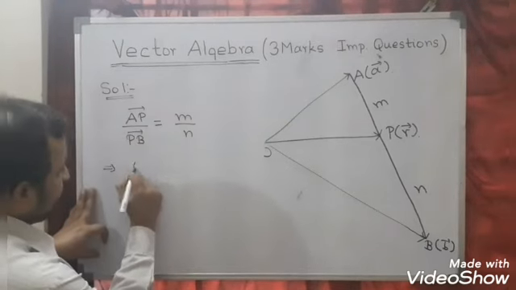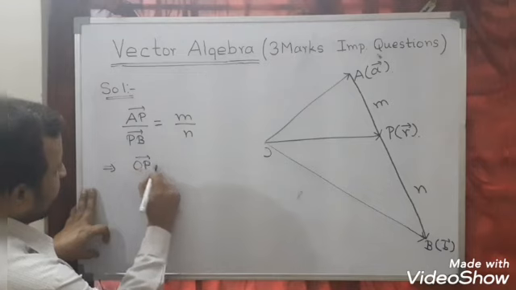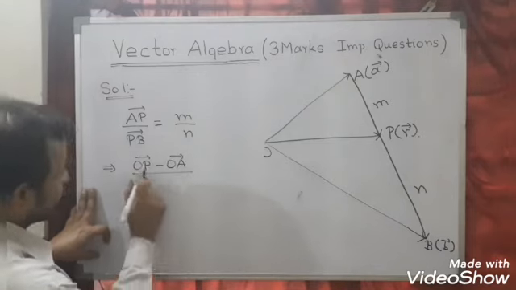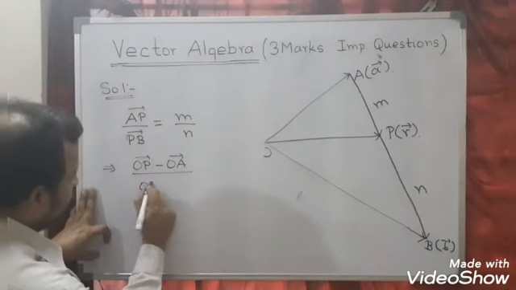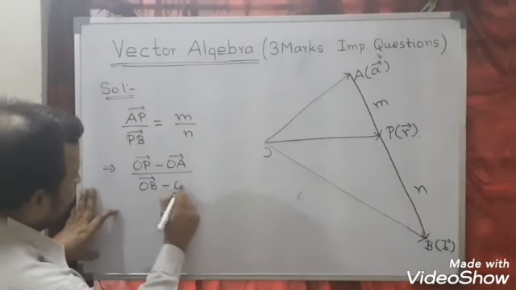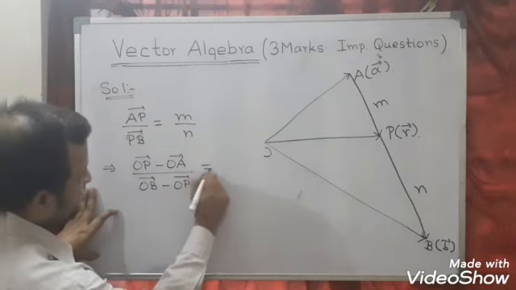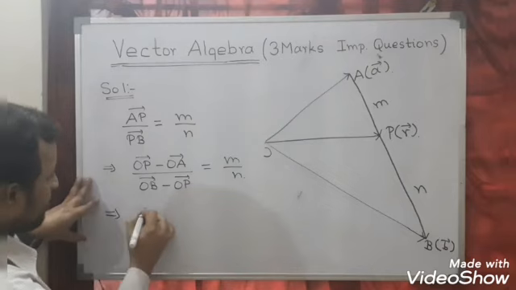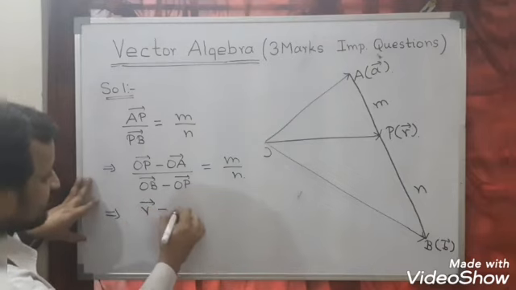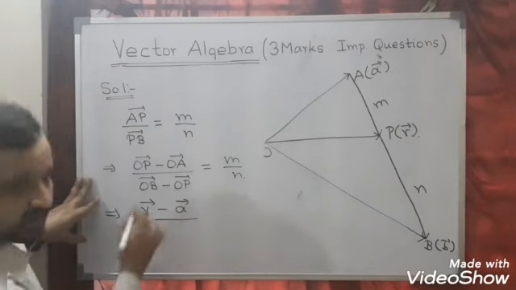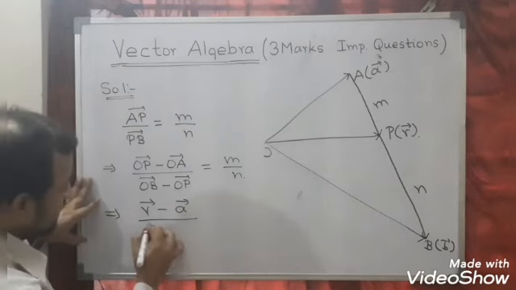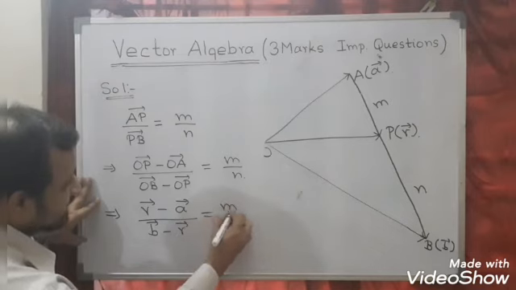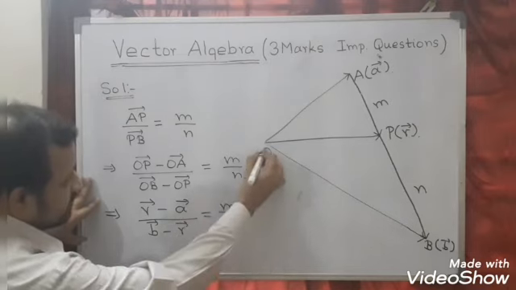AP vector can be written as position vector of P minus position vector of A, divided by PB, which we can write as second vector minus first vector, so OB minus OP, is equal to m/n. Now let us put the values. What is OP? Vector r minus vector a, divided by OB, which is vector b minus vector r, is equal to m/n.